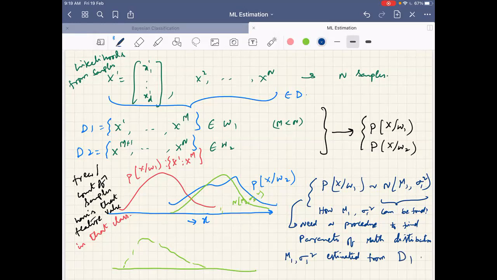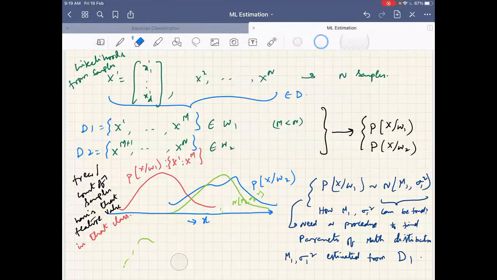From samples D1, because what we have are only the samples D1. So mu1 and sigma 1 square, the parameters, are to be estimated from the corresponding samples. If I want to find mu2 and sigma 2 square, I will estimate from D2. Similarly, mu I and sigma I square need to be estimated from D I. Is that fine?